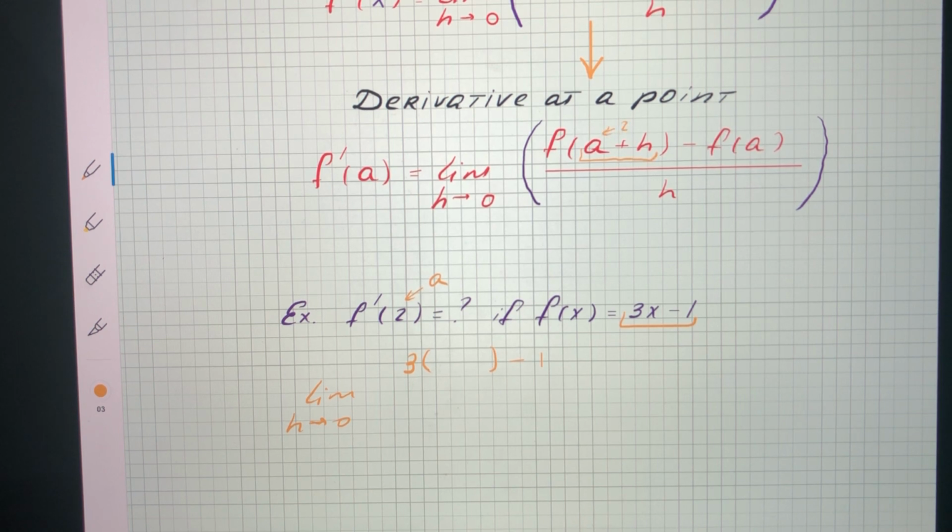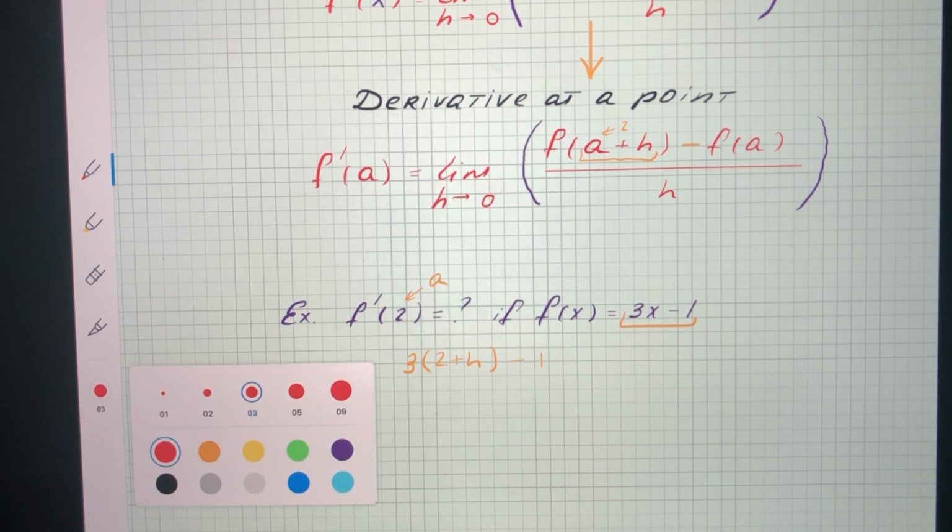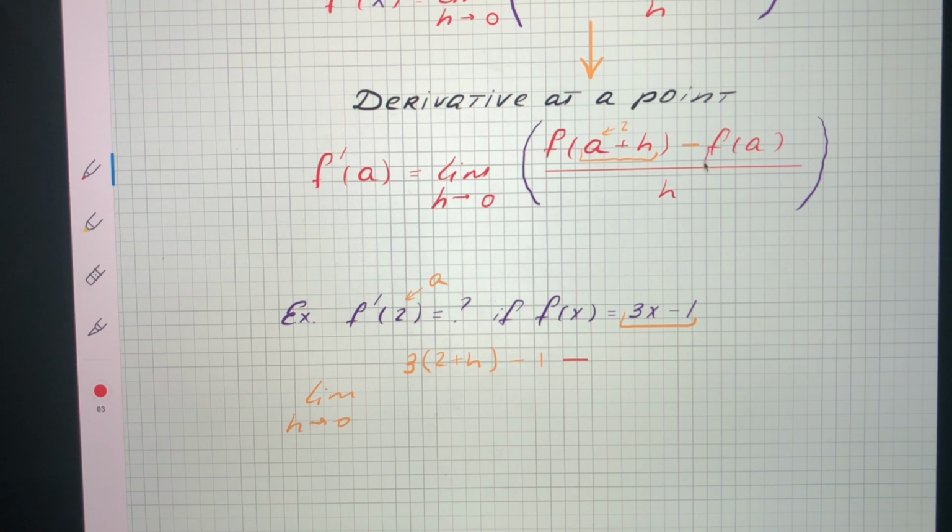So I plug in 2 plus h. Then there is a minus in the formula, so I have minus, and then the original f of a. So this is the function f when x turns into a, which is 2. So if x turns into 2, then I have 3 times 2 minus 1. Well, that's 6 minus 1, which is 5. So minus 5, which is f of a, divided by h.